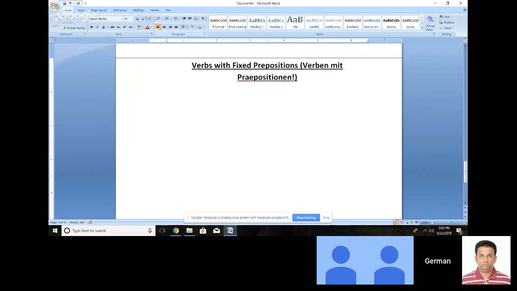First, let's take the preposition an. With an, we have denken an plus accusative, which means to think of. Denken will always take an plus accusative. That's why these verbs are called verbs with fixed prepositions.